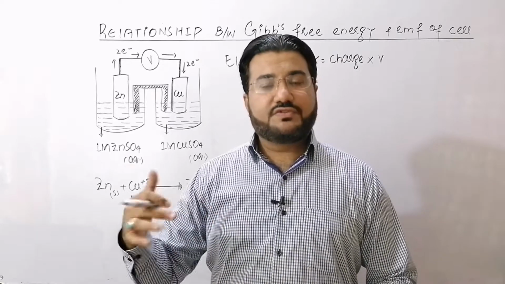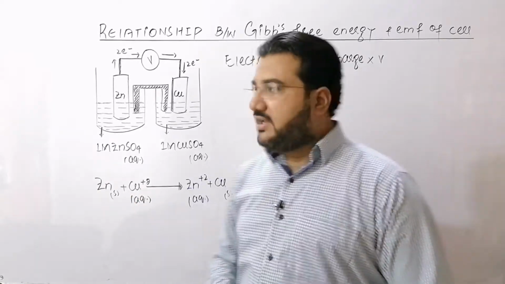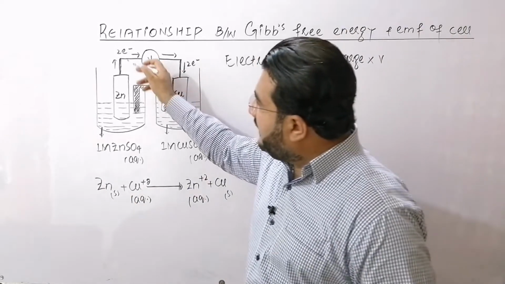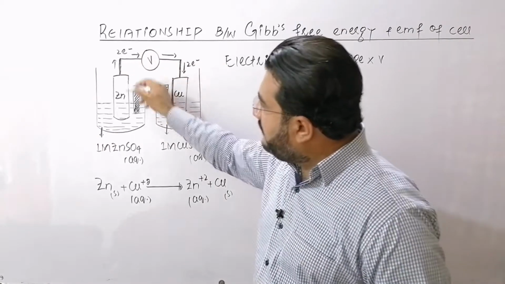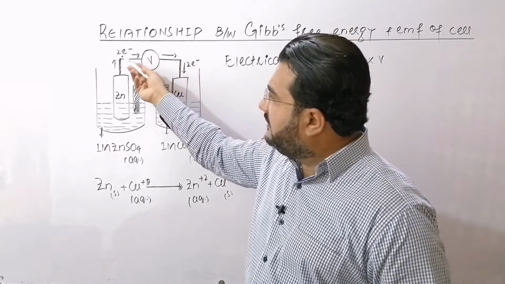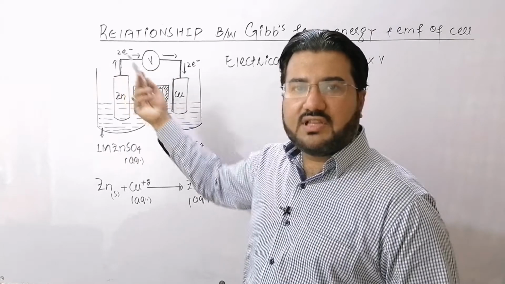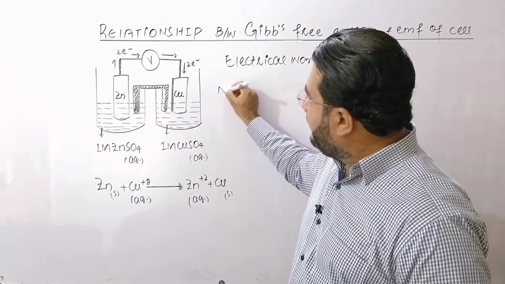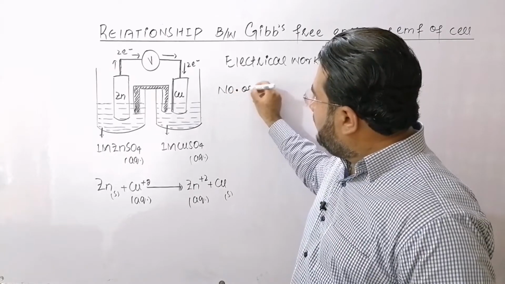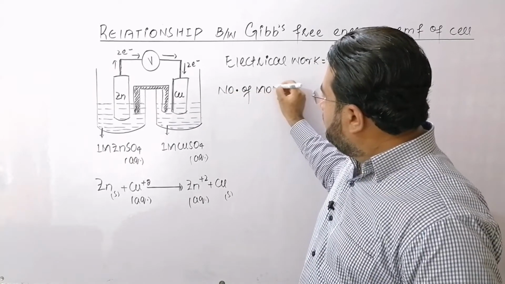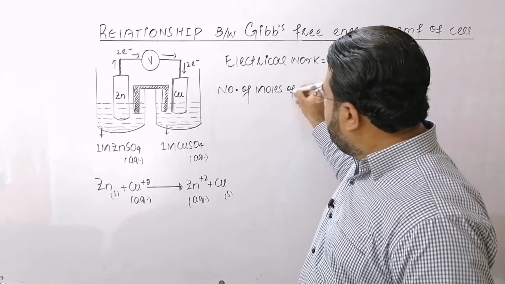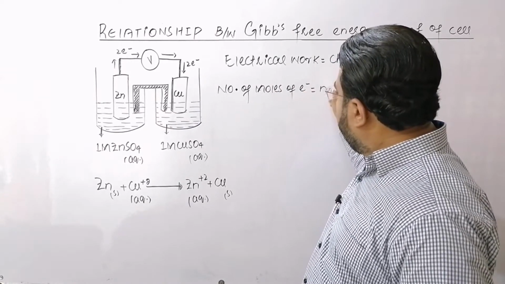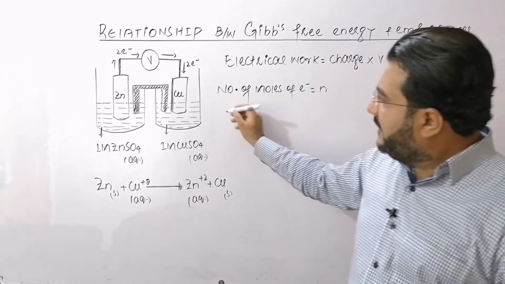Now, the number of moles of electrons that are moving from anode to cathode here is 2, but we will show the number of moles of electrons with the symbol N.